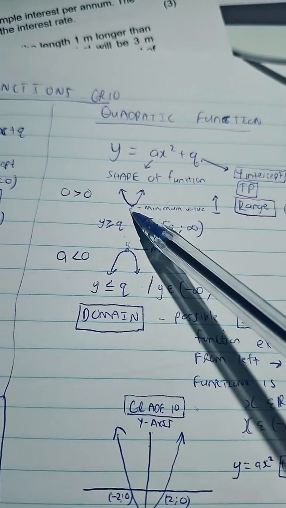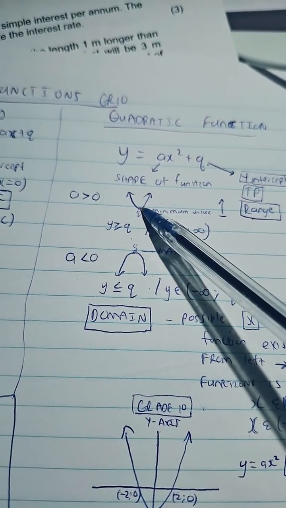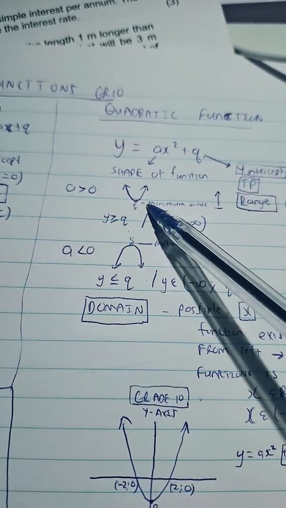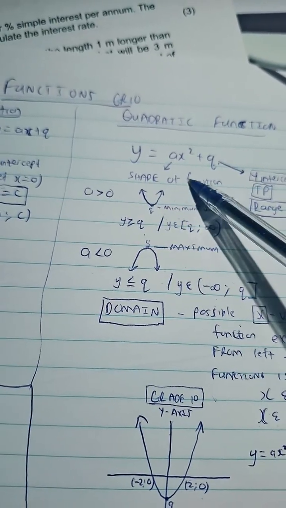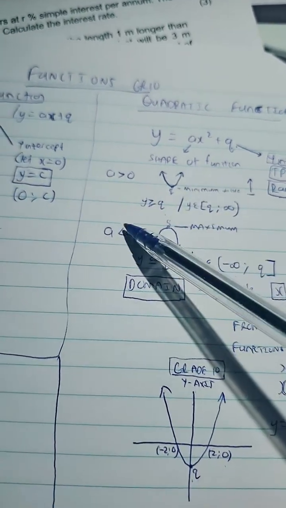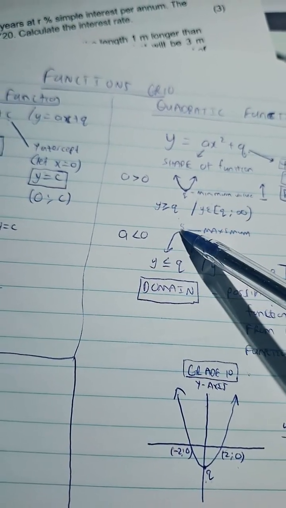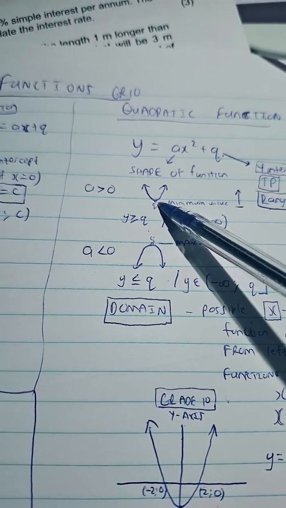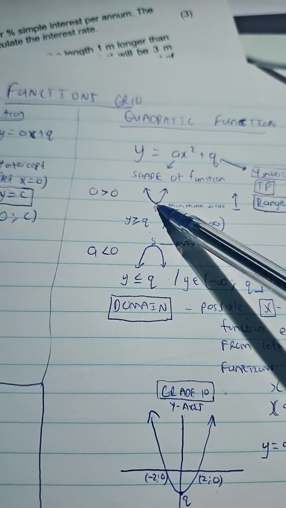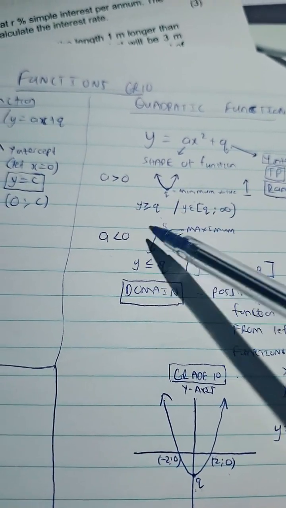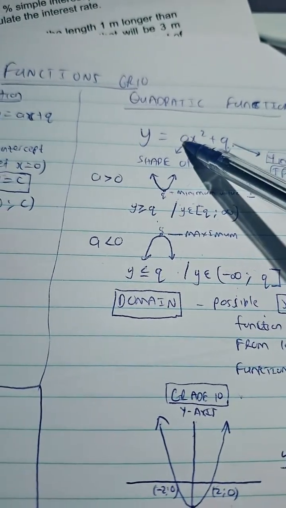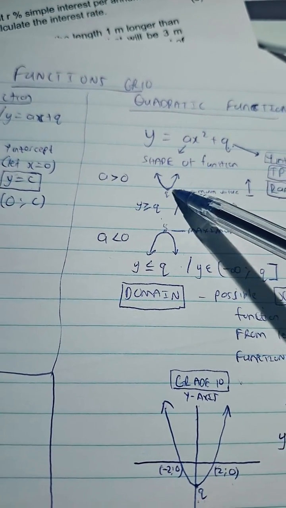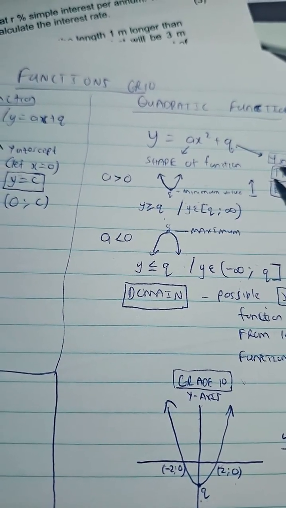Our q value is situated as the y value that is here. It is the minimum when a is greater than 0 because it's a smiling face. But when a is less than 0, it is the maximum. Whatever that q value is will be represented by our y-intercept. Minimum when a is greater than 0, maximum when a is less than 0. So if this a value is a negative value, we know it's the maximum. When this a value is a positive value, then obviously the q value will be our minimum value.